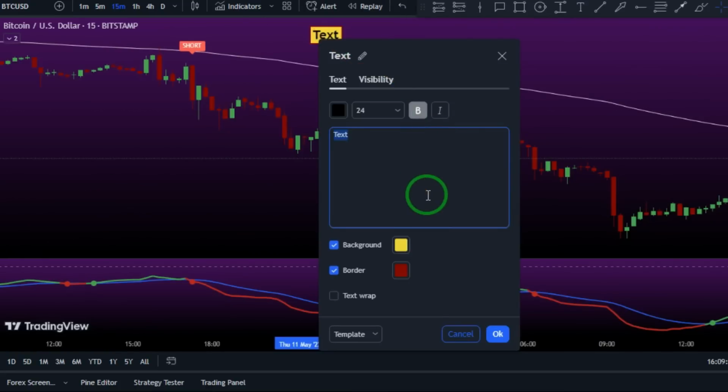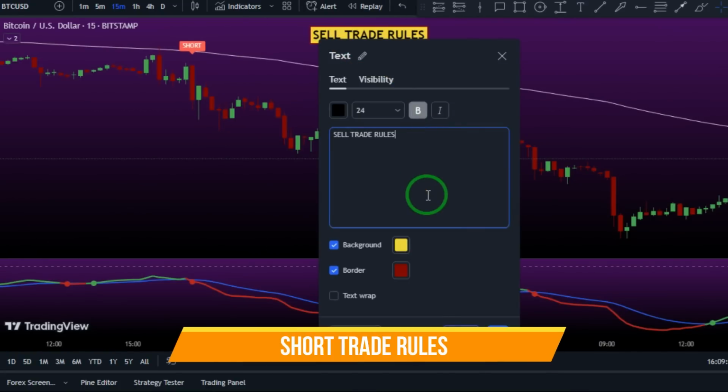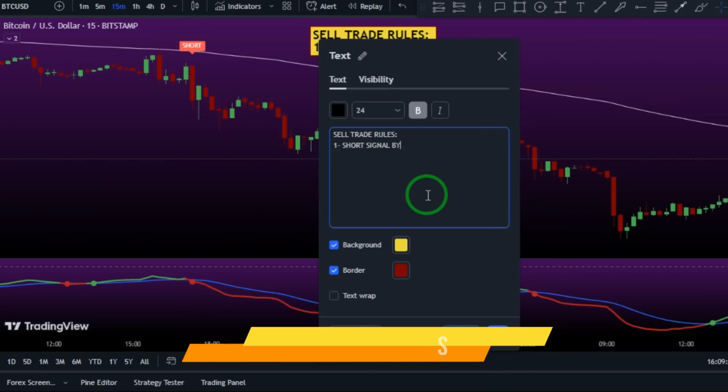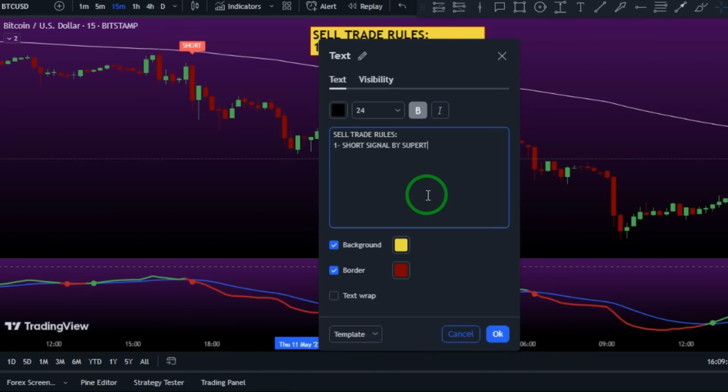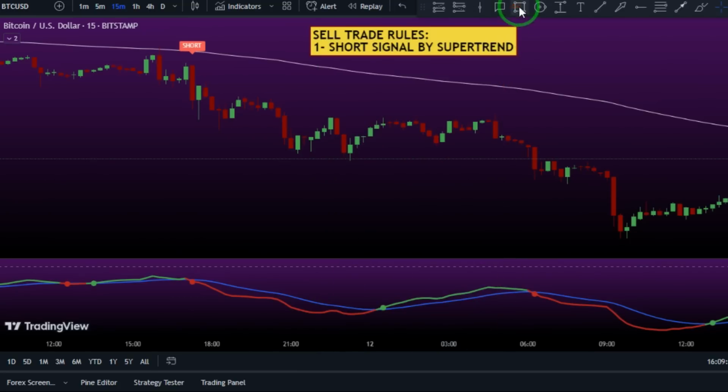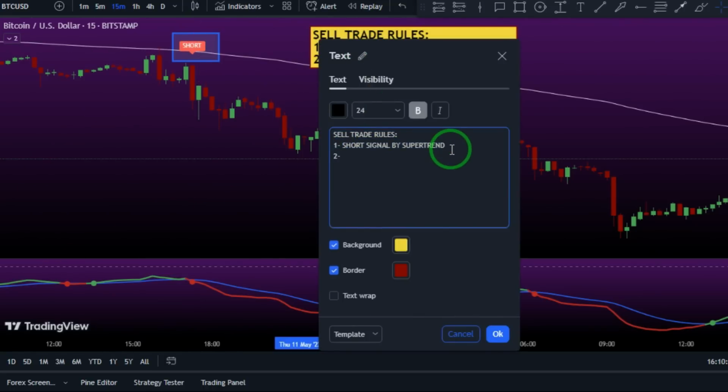And also, the rules are exactly opposite for a short trade. So for a short entry, first wait for a short signal from the Supertrend indicator. Then check if the CMACD indicator confirms the signal by showing a red dot.